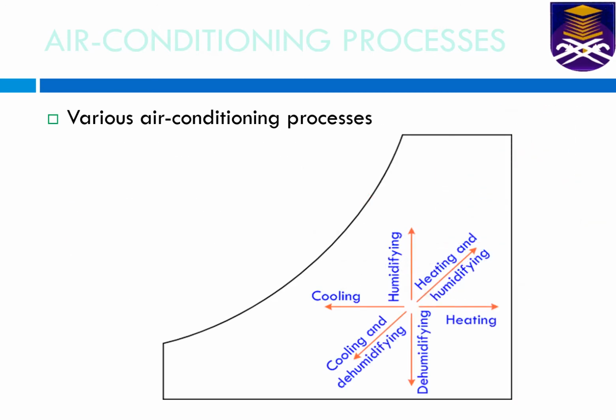So the various air conditioning processes are: cooling moves to the left, heating moves to the right, humidifying moves up, involving omega, the specific humidity, and dehumidifying moves down. Then we also have the combinations of heating and humidifying, and cooling and dehumidifying. We're going to analyze all these processes here.